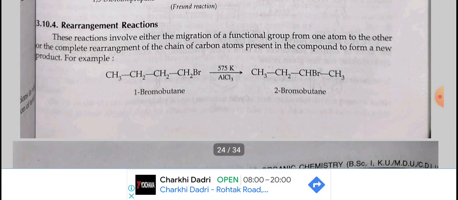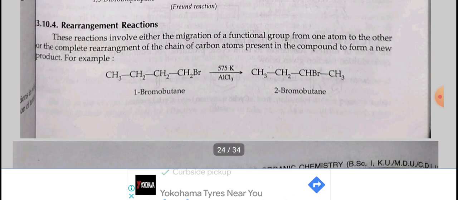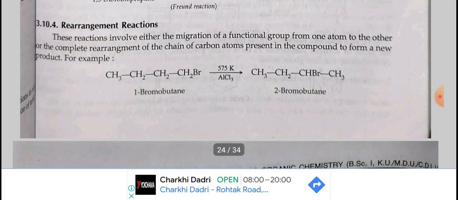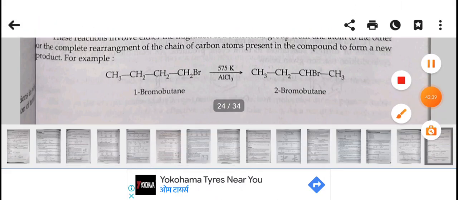Rearrangement reactions. These reactions involve either the migration of a functional group from one atom to another or complete rearrangement of the chain of carbon atoms present in a compound to form a product. For example, 1-bromobutane on AlCl3 at 575 Kelvin temperature.